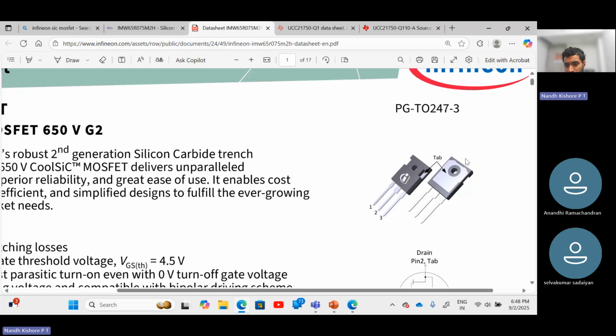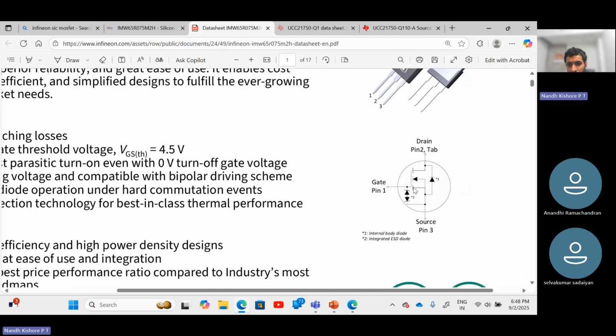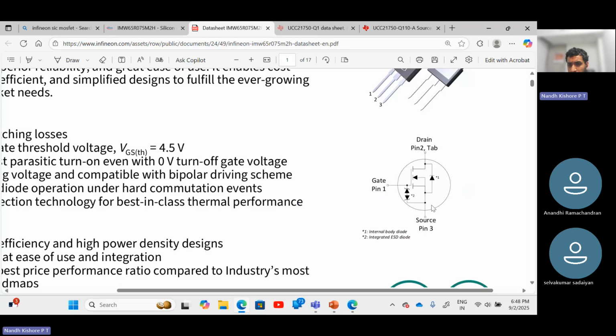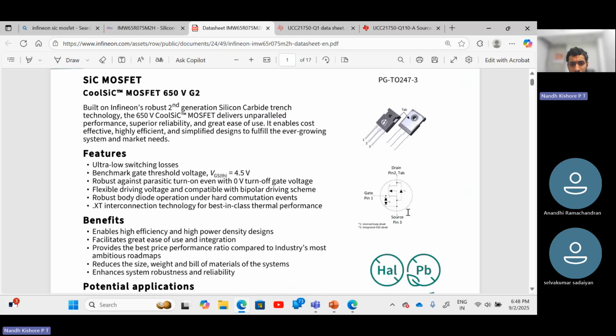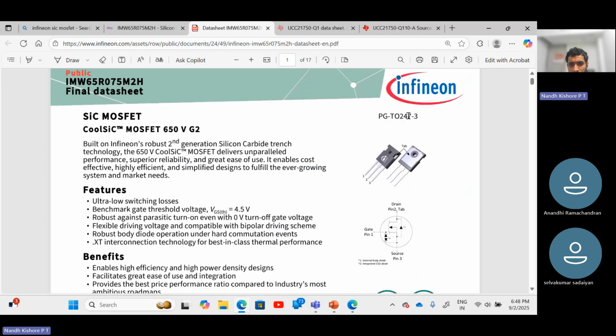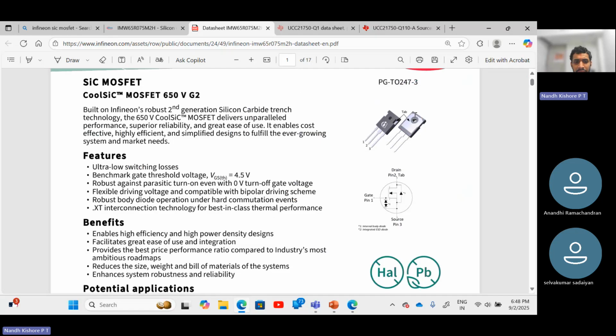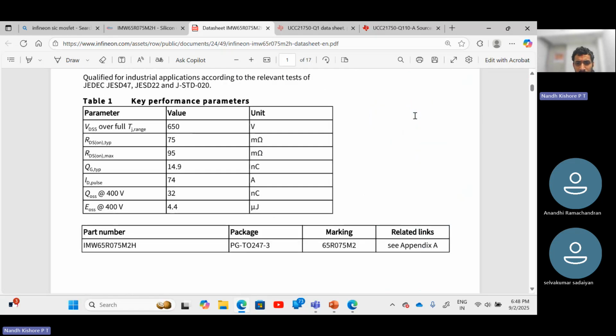This is the package that the MOSFET comes in. And -3 indicates that there are three legs, that is drain, source and gate. Additionally, there can also be a Kelvin source. We saw that in the starting, but anyway, this has only three legs. So TO247 indicates the package. There are other packages as well.